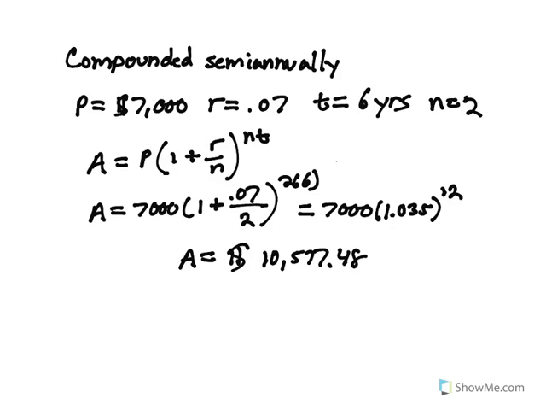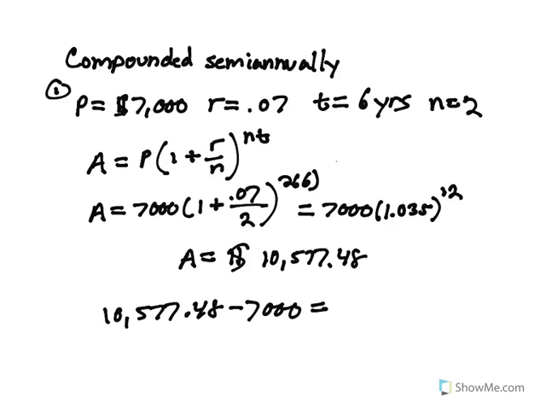For the first part. The second part, I want you to find the interest earned. Remember we did that in the previous problem? So you take the future value that we have, which is $10,577.48, and take the difference with the original principal, which is 7,000.